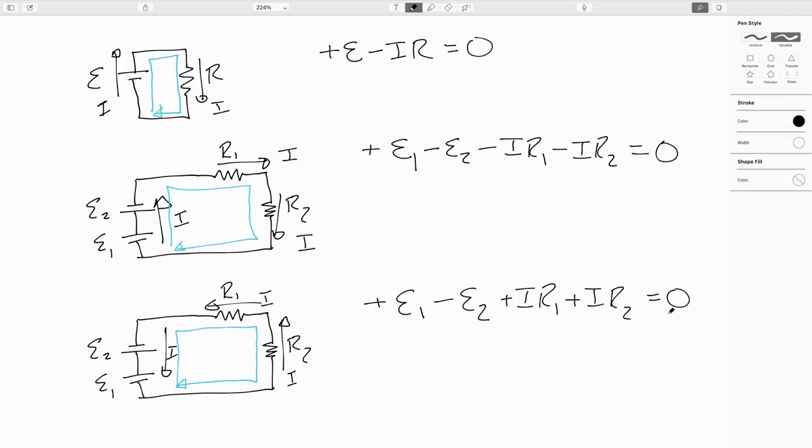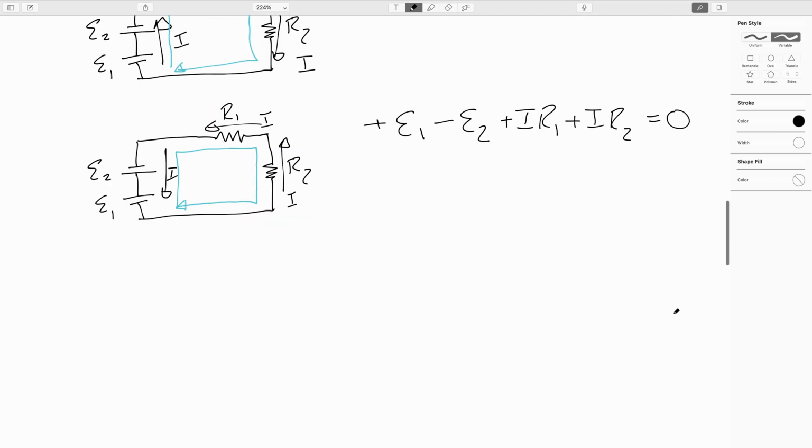Now I had alluded that if the current really is flowing counterclockwise, it's because E2 would be bigger than E1. So that would make that a negative number. But then if I add that to both sides, I'll have a positive number over here. R1 and R2 are positive, so I is a positive number, meaning that we would have guessed right. But again, even if we guess wrong, it's not the end of the world. We just get negative answers for the current.